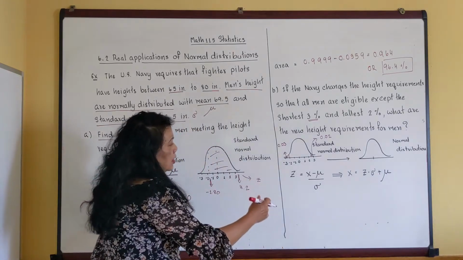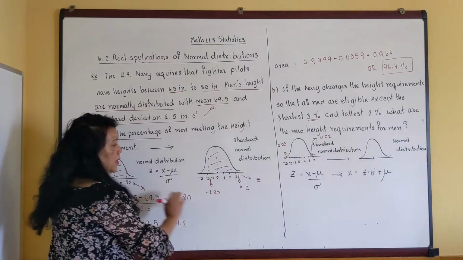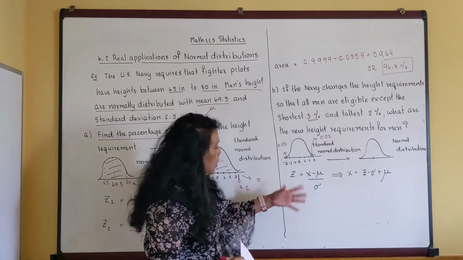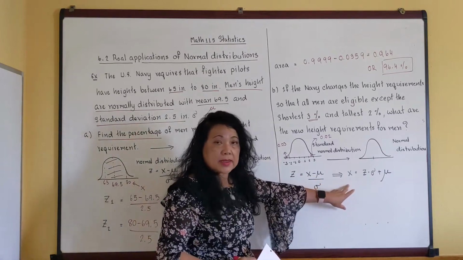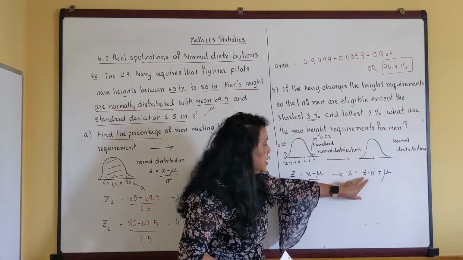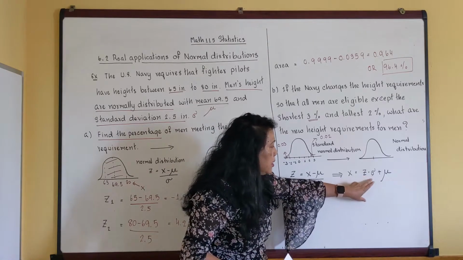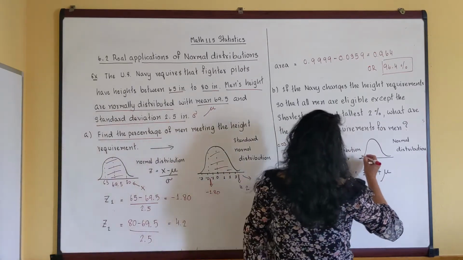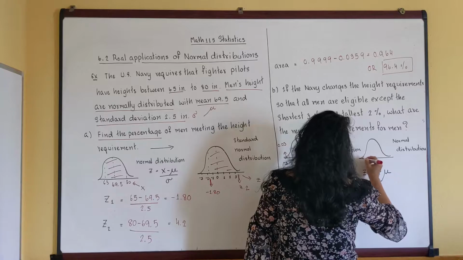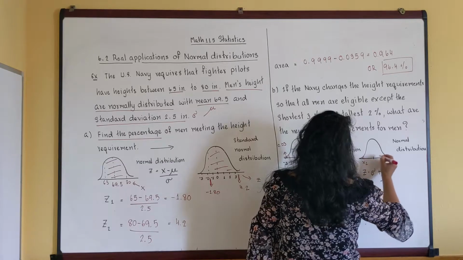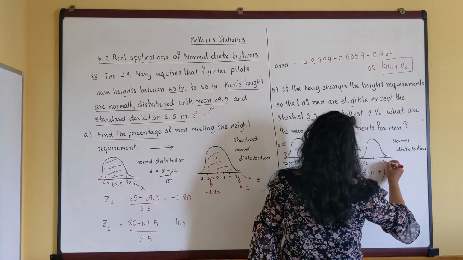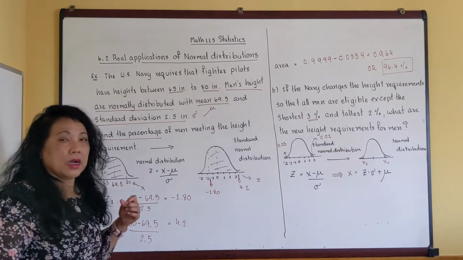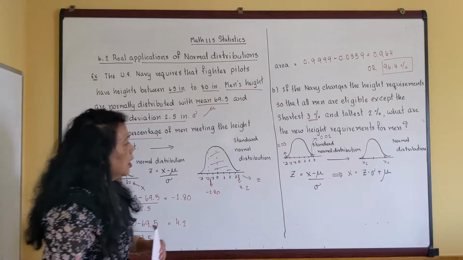You use the same formula, z equals x minus mu divided by standard deviation, and I just move things around to get my x: x equals z times standard deviation plus mu. You end up with two x values, x1 and x2, so you apply the formula twice.